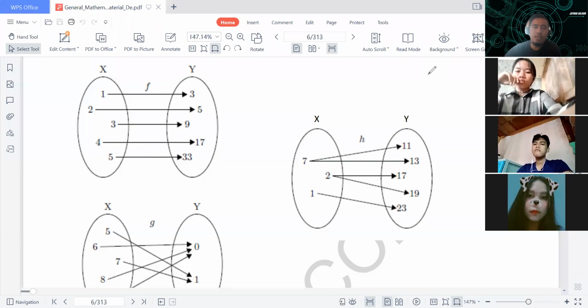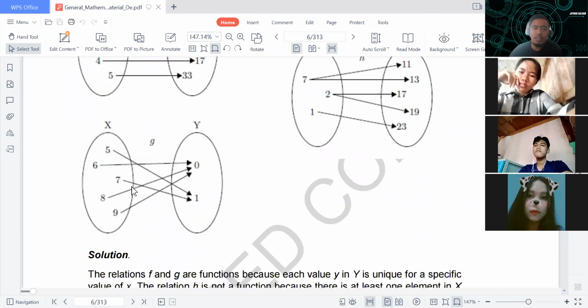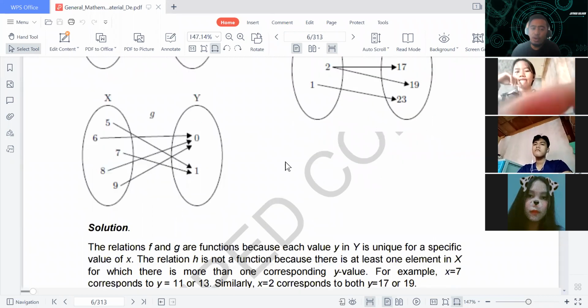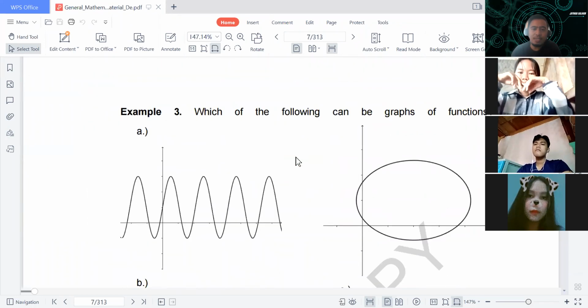Okay. How about the next one? Is this mapping a function? Yes, it is a function. So it is easy to check whether a mapping is a function or not.